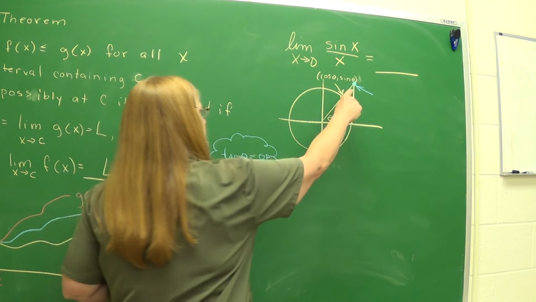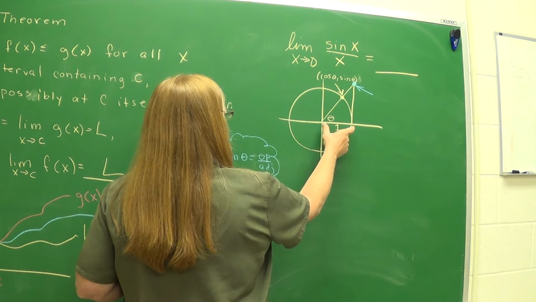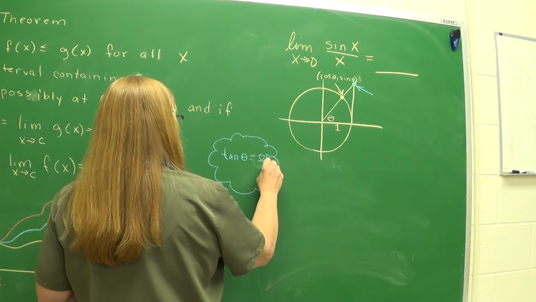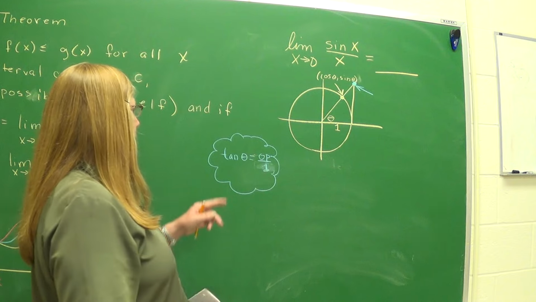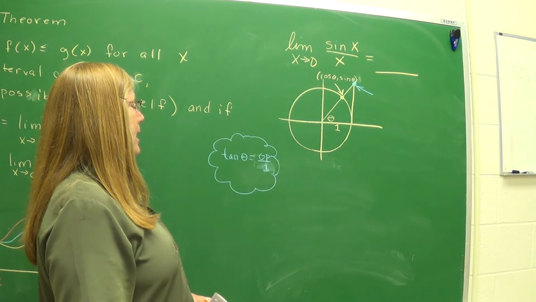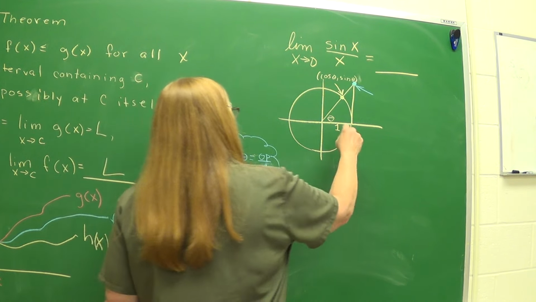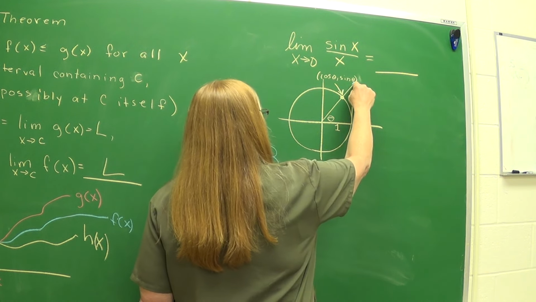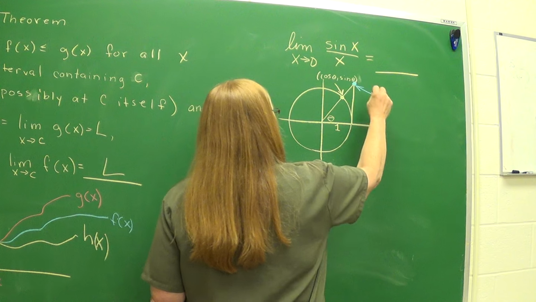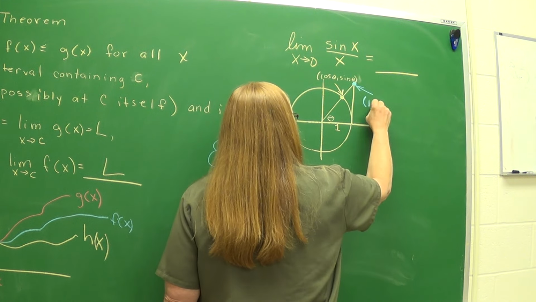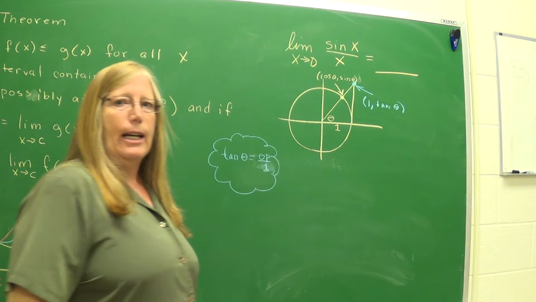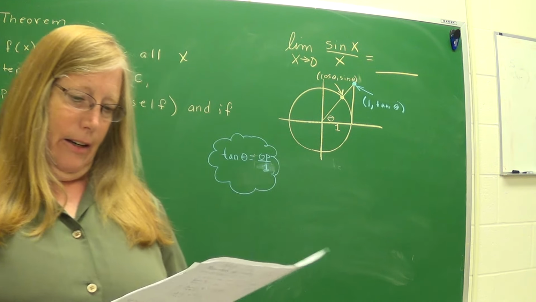Side opposite we do not know. Side adjacent is 1. So I can replace side adjacent with a 1, but that tells me now the tangent of that angle is the opposite. So the opposite side, I go over 1 to get to this point and up the opposite side. So that tells me this point is 1 over and tangent theta up. So I've established that.